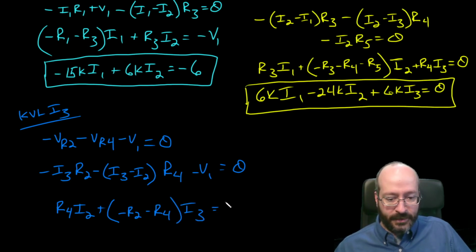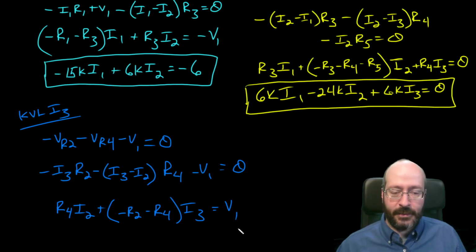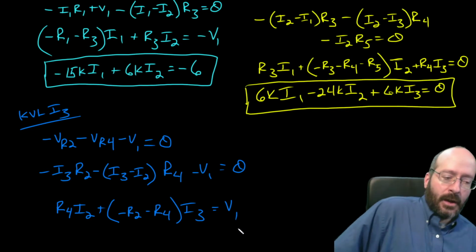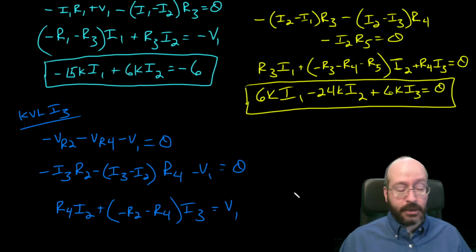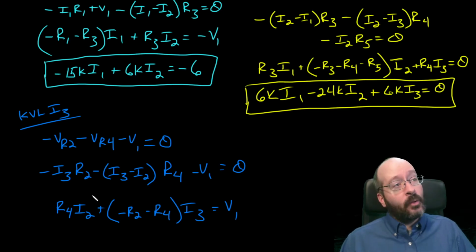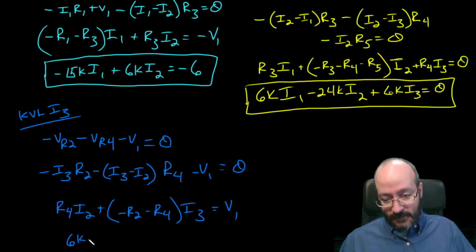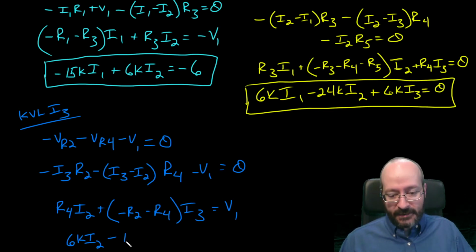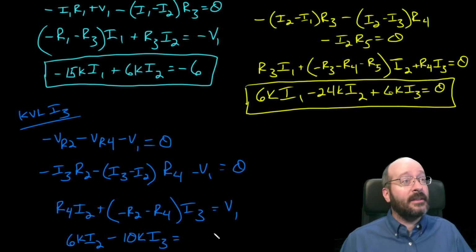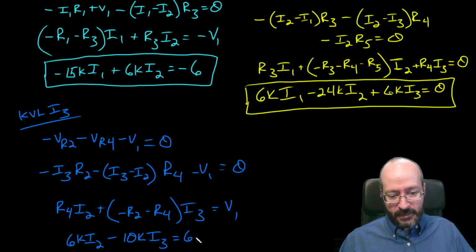And then V1 moves over to the other side, and it becomes positive when we do that. Okay, so not too bad. Plug in some values. R4, 6K I2, minus R2 and R4. What do we got for that? 4K and 6K, minus 10K I3, and that's equal to V1, and V1 is 6.